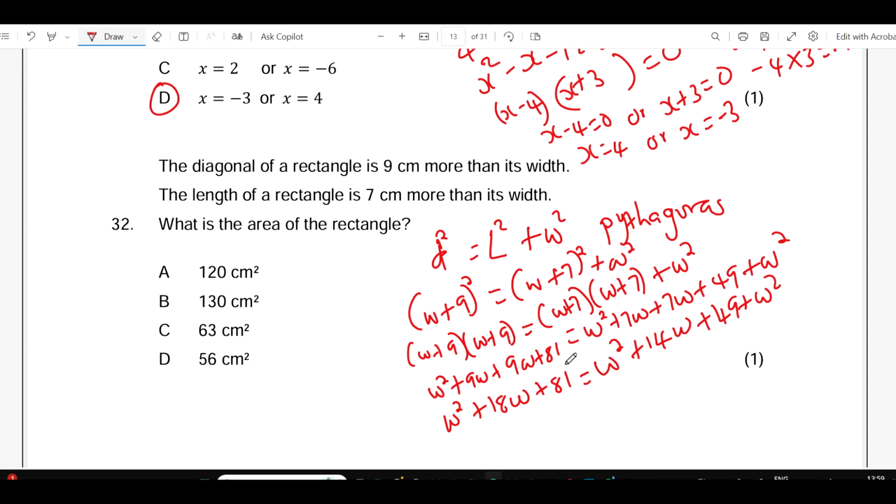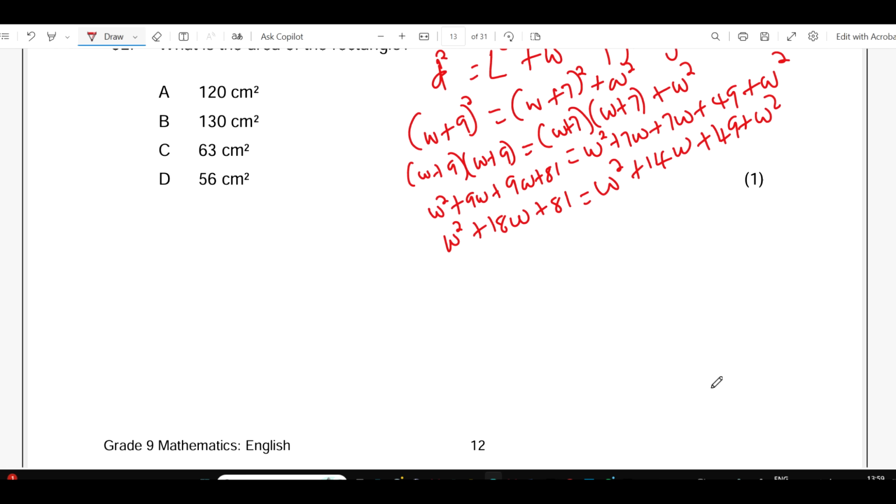So I will take this to the other side. It's going to be w squared plus 18w plus 81 minus w squared. When I take this 14w to the other side, it's going to be minus 14w minus 49 minus w squared equals to 0. So w squared minus w squared is 0. I'll be left with minus w.